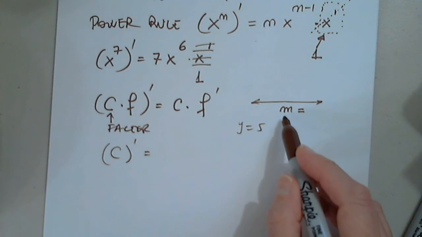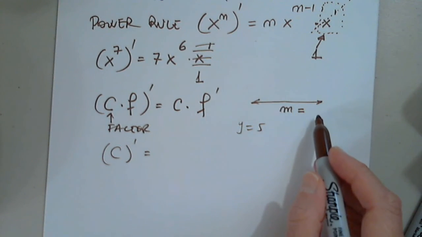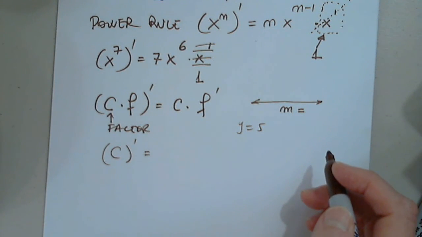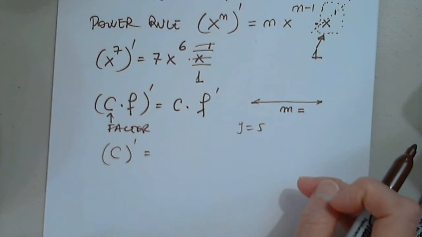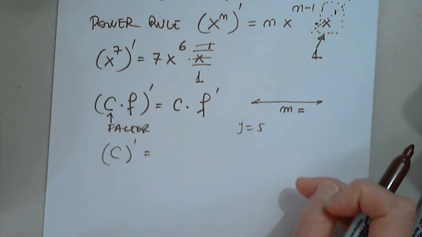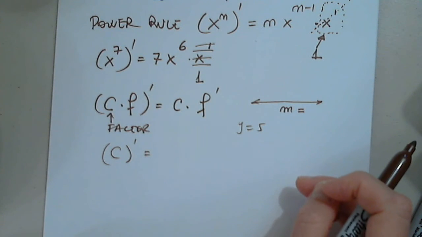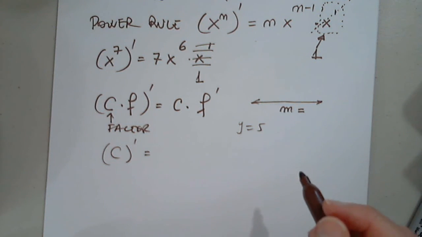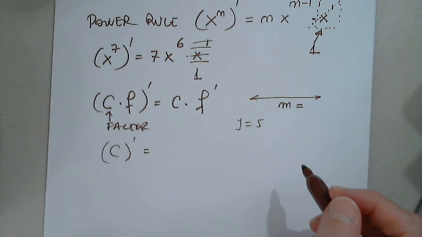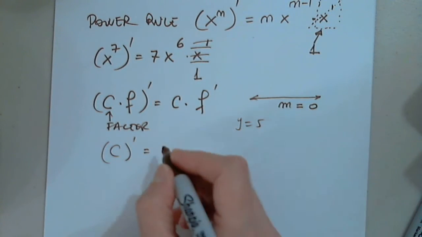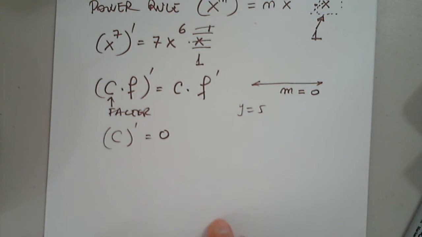So are we getting stuck on the slope of a horizontal line? Ethan, RJ, Sean, Janelle, Christine, Isaac, Elena. Can anyone give us the slope of a horizontal line? Zero. Thank you very much. So the derivative of a constant is always 0.